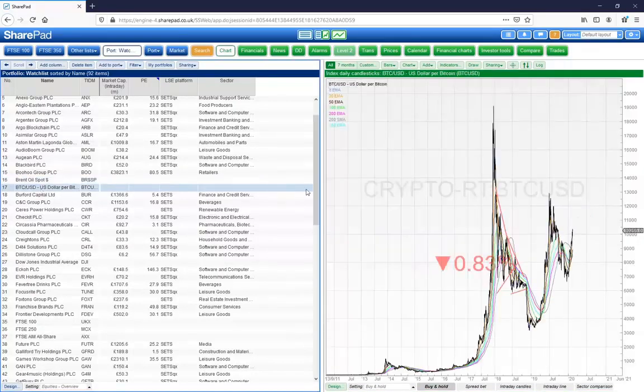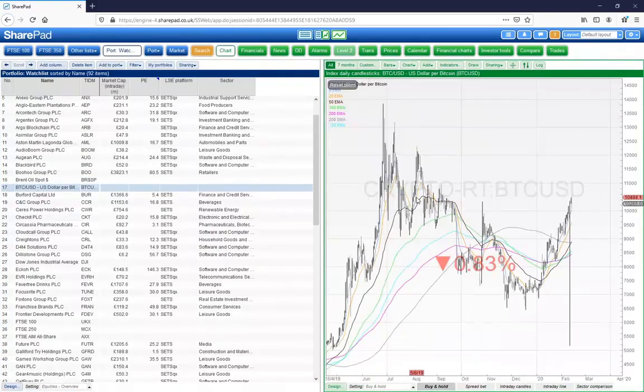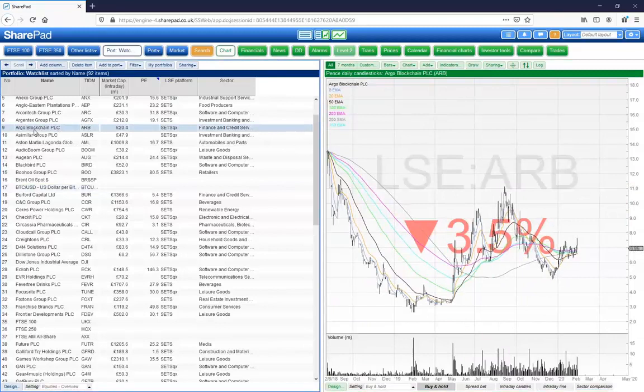I keep an eye on Bitcoin as well, mainly just out of interest, I suppose. Also Argo Blockchain, very correlated to the price of Bitcoin. I'm not entirely sure what's going on with this stock, because I've lost count of all the machines and everything.